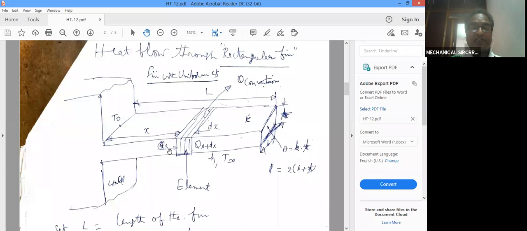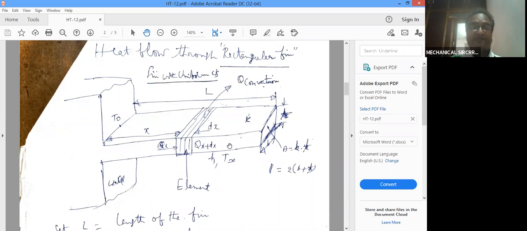And Qx plus dx is the conduction heat leaving the element in the x direction.